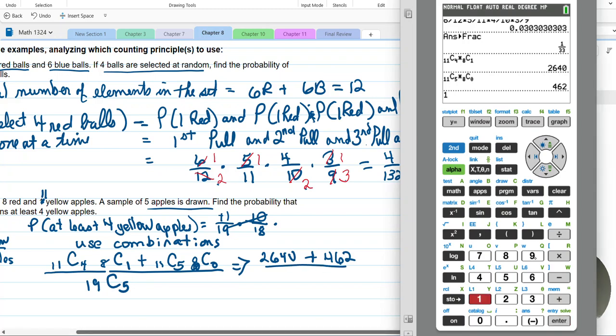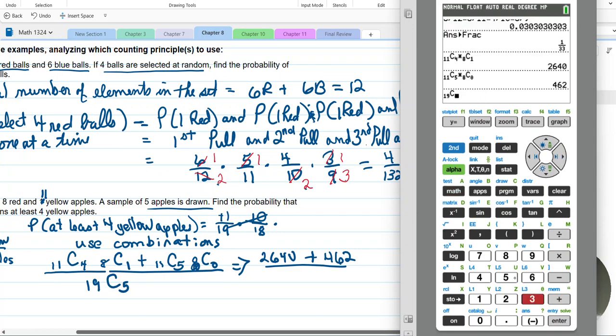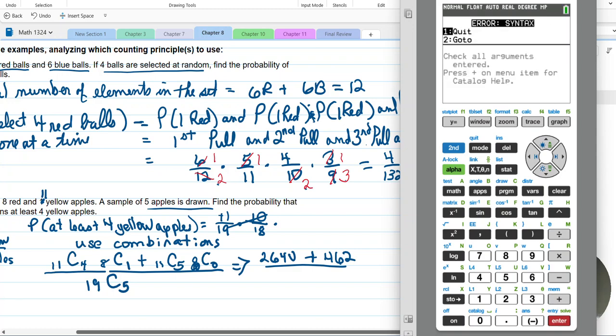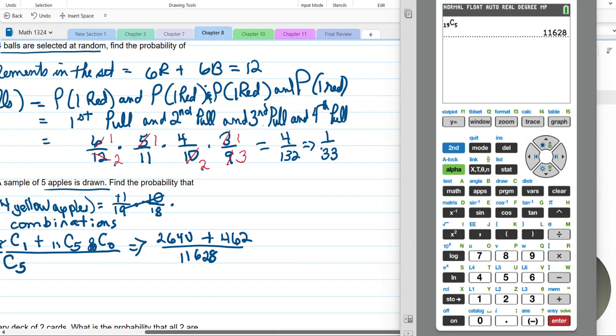And then we're going to do the total amount of our sample. Oops, sorry. We're going to do 19, math, PROB, 3, choose, oops, go back, forgot the 5, 5. And we have 11,628. All right, so now we're almost there.